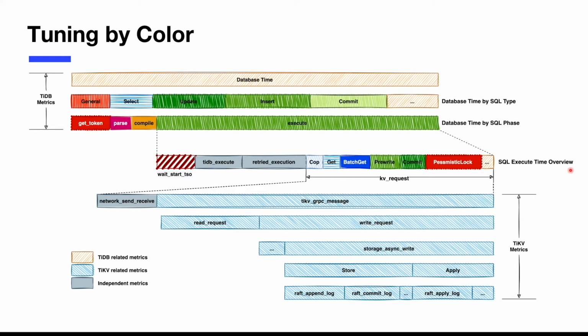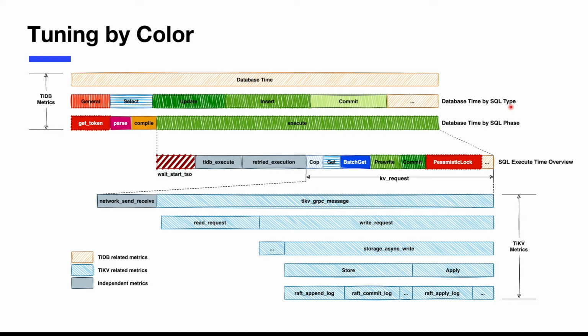We divide DB time into different dimensions. First, we divide it by SQL type, and we calculate the time spent on select and the time spent on update, insert, or commit statements. We mark those write-related SQLs in green and those read-related SQLs in blue.